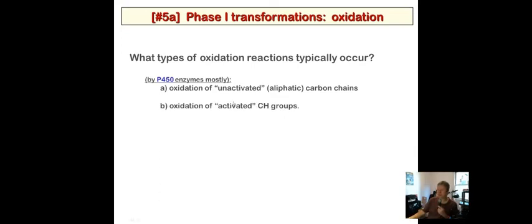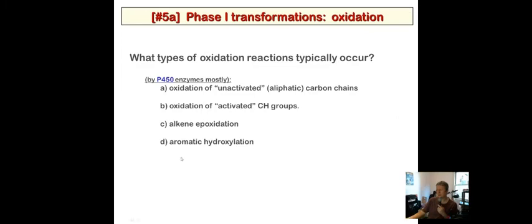And then there's going to be oxidation of activated CH groups. Activated CH groups might have a next door benzene or something to kind of stabilize the CH position. And actually, it's going to activate or stabilize maybe a radical at the next door carbon. That's going to be the difference between unactivated and activated CHs. Alkene epoxidation, which you've learned about from organic 2 and organic 1, that we can epoxidize alkenes.